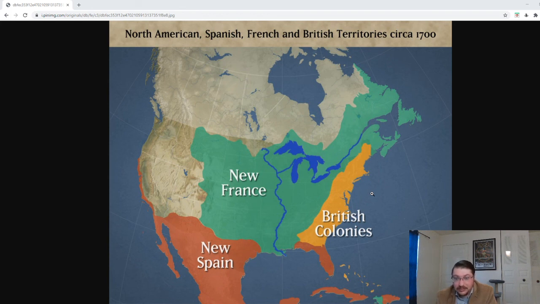Delaware was kind of overshadowed by Pennsylvania, but also Virginia, which was right near it. Maryland was founded actually as a haven for Catholics. Hence, Maryland.